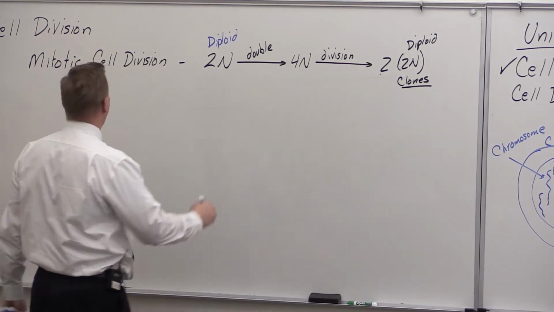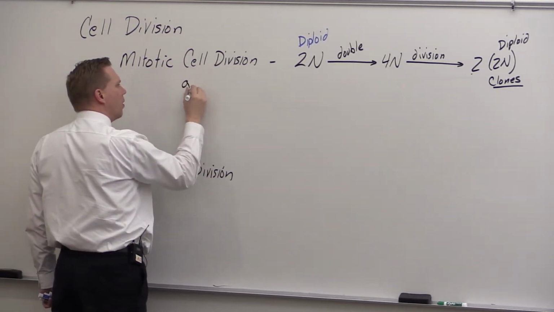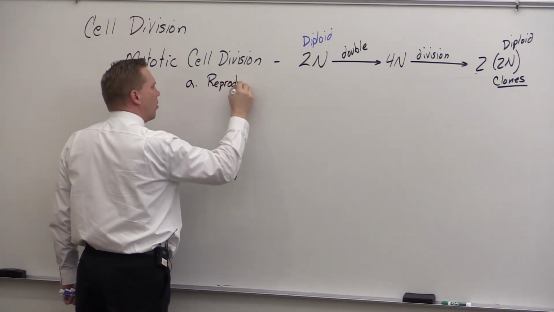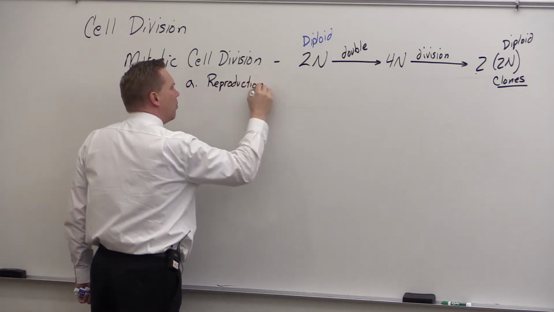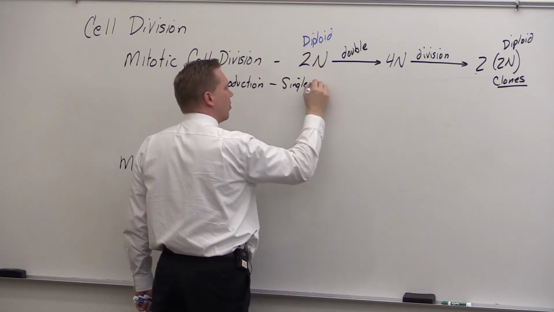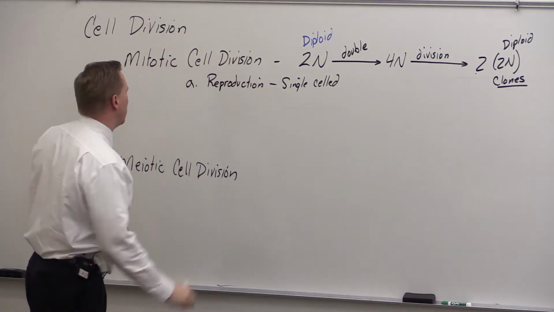And so mitotic cell division is used for reproduction, but really only in single-celled organisms. So single-celled organisms use it for reproduction.